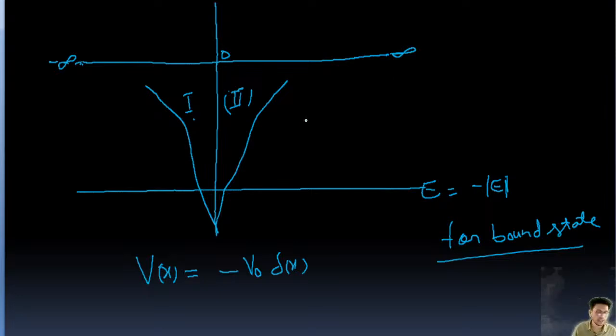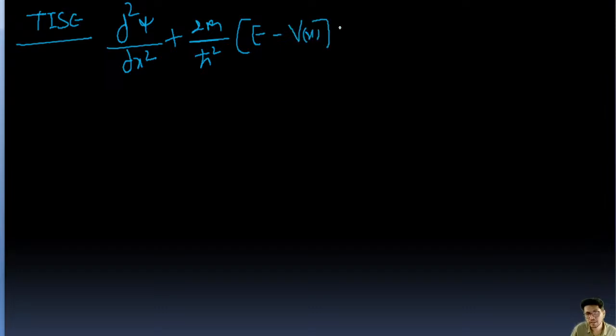Well, now I will write the Schrödinger equation for Dirac delta potential. We know the time independent Schrödinger equation: d square psi upon dx square plus 2m upon h cut square (E minus V(x)) psi equal to 0.